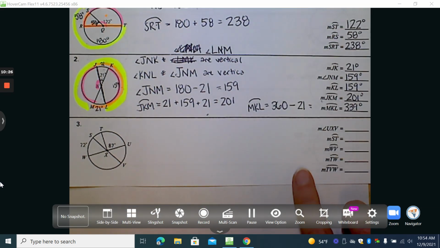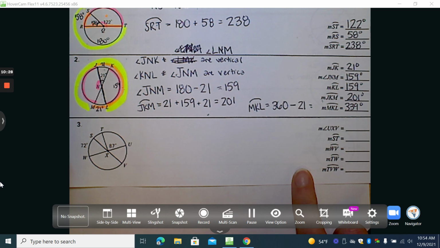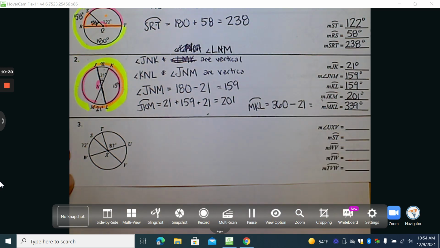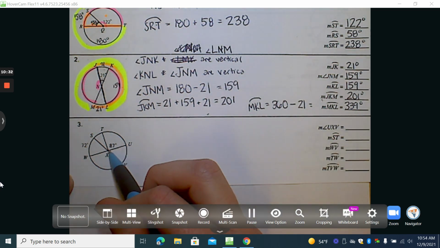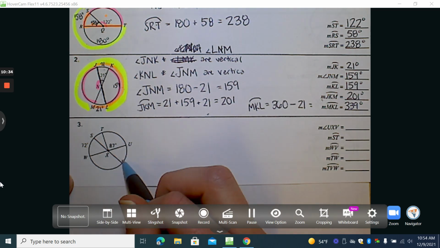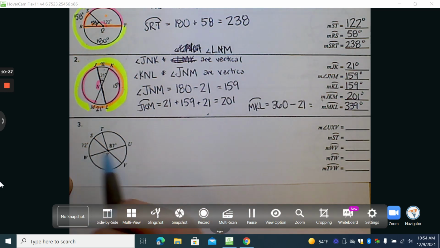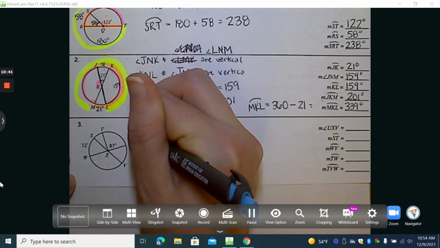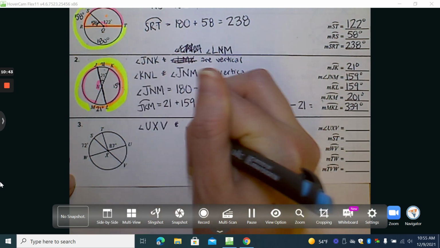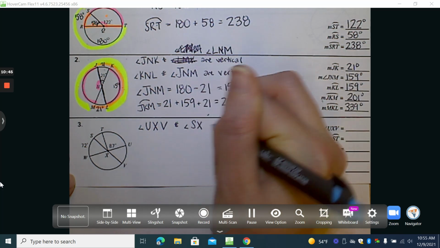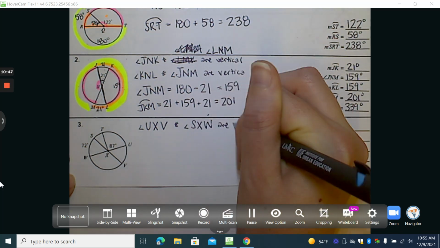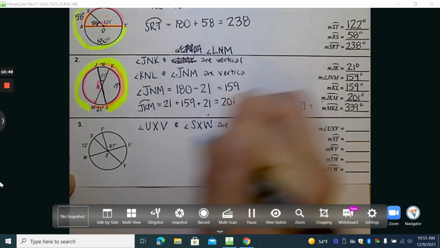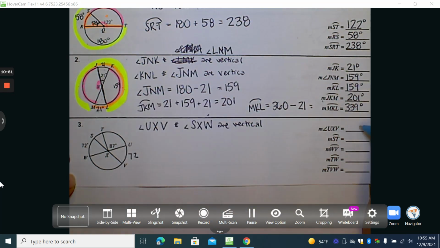And my last example, the last box, measure UXV. UXV is right here. The nice thing is that it is vertical. UXV and angle SXW are vertical. So that means that this one is also 72 degrees.